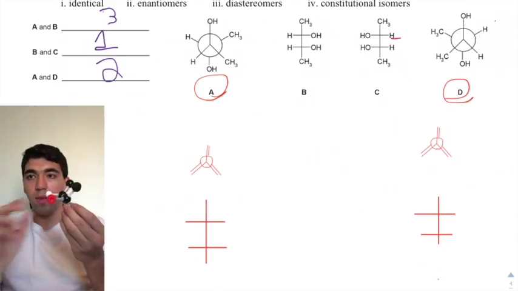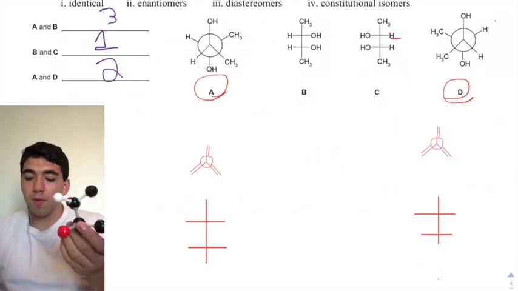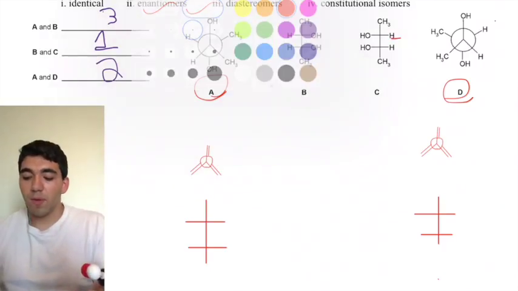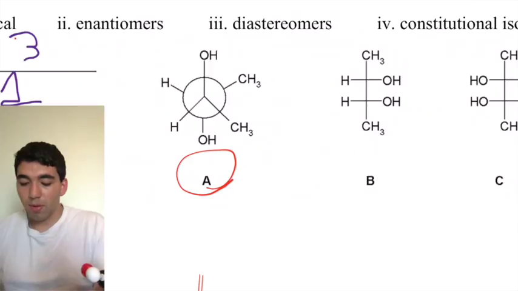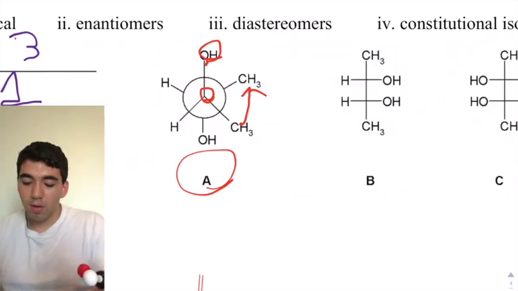So to make these eclipsed, I'd have to move them around a little bit and twist them around their single bonds. First I'd move my top one and twist it so their carbons are eclipsing each other, and that would twist this other branch on top of that, and this branch on top of that.